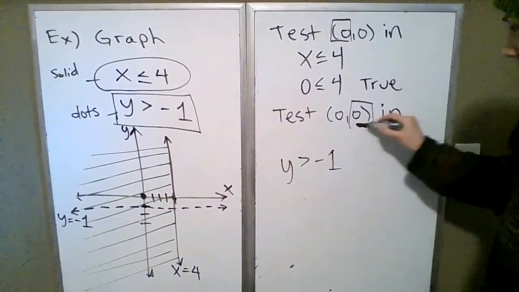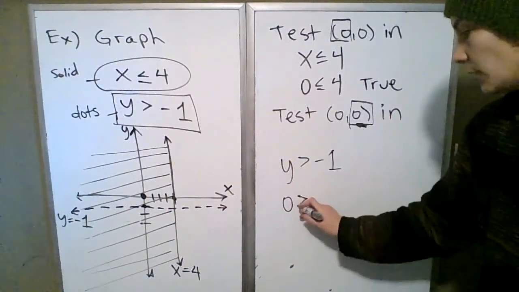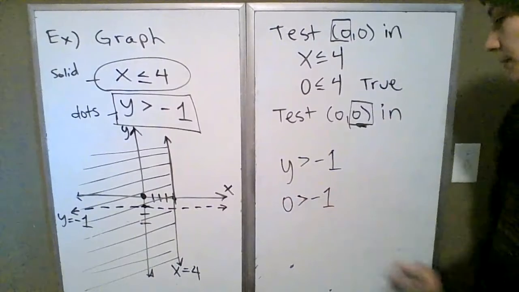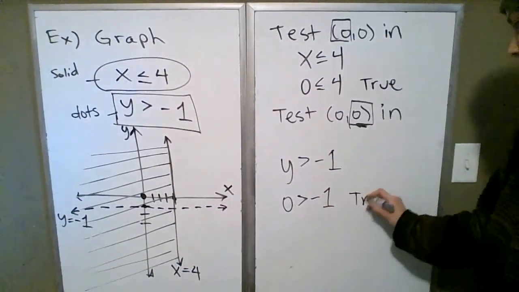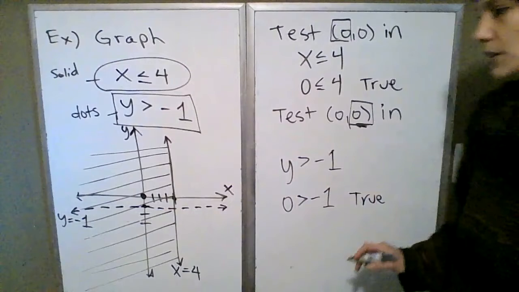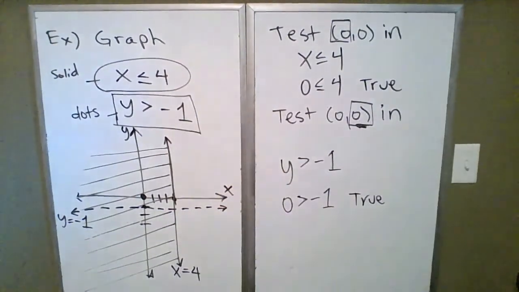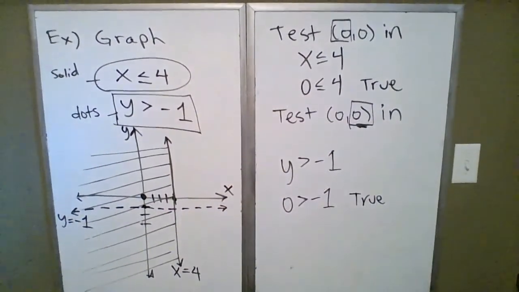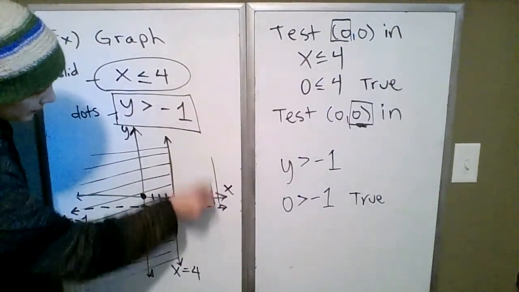Put that in for y is 0 greater than -1. Yes. So for the dotted line, I want to shade up over that test point. Let's just go straight.